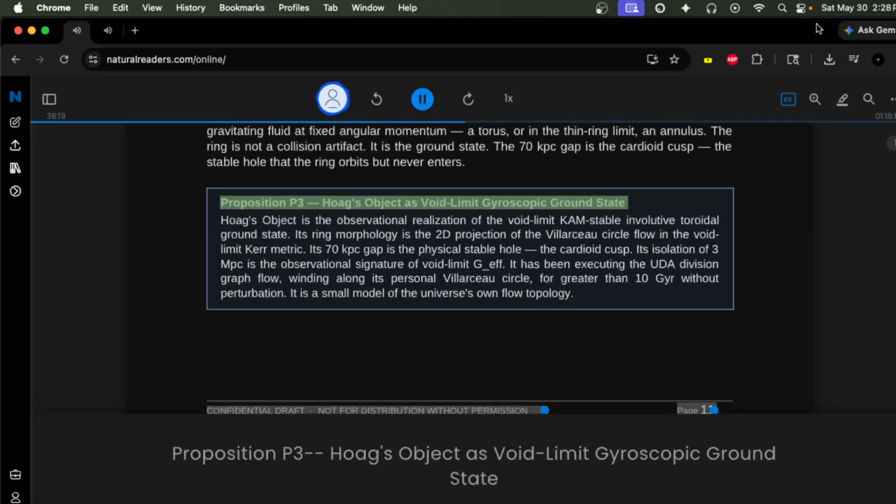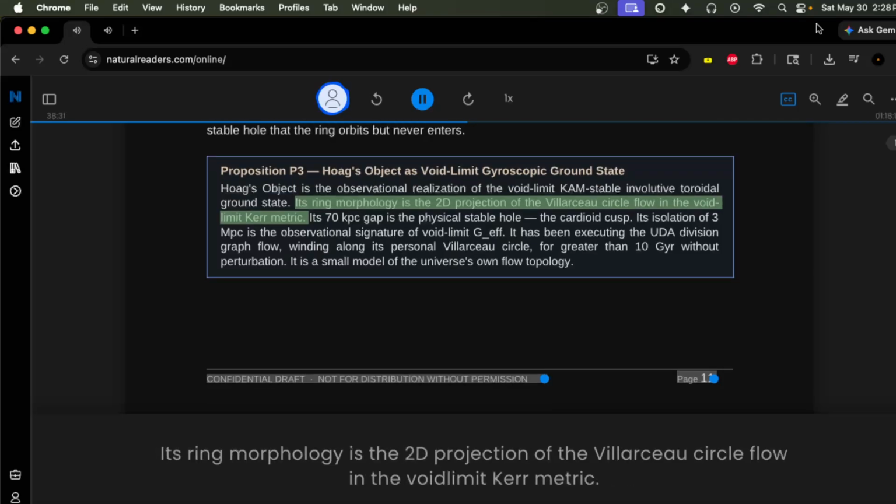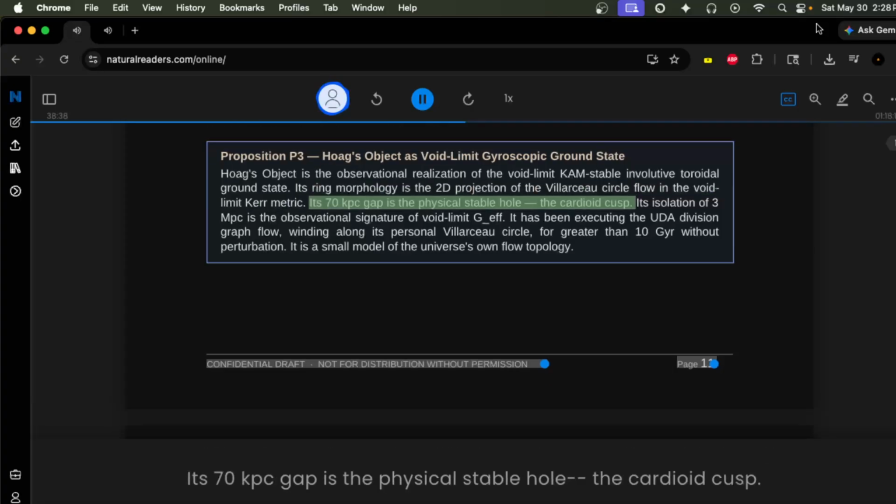Proposition P3, Hoag's object is the void limit gyroscopic ground state. Hoag's object is the observational realization of the void limit KAM-stable involutive toroidal ground state. Its ring morphology is the 2D projection of the Villarceau circle flow in the void limit Kerr metric. Its 70 kpc gap is the physical stable hole, the cardioid cusp.